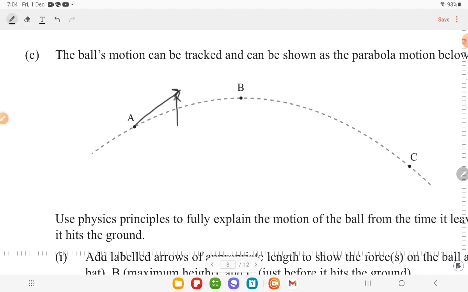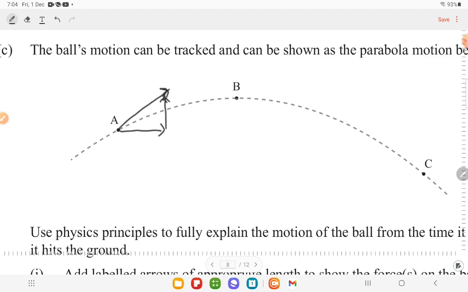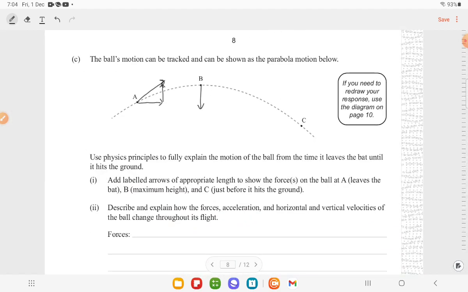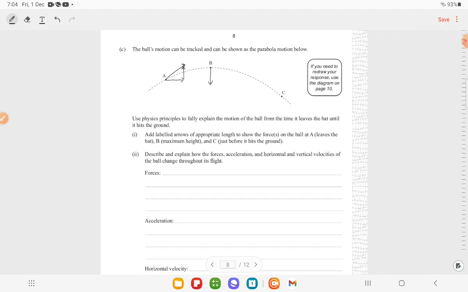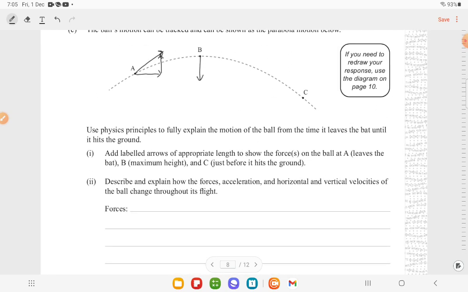So there's the sideways velocity. At max height there'll be gravity and the sideways one right here. Read my notes: add labeled arrows of appropriate length to show the forces on the ball at maximum height.